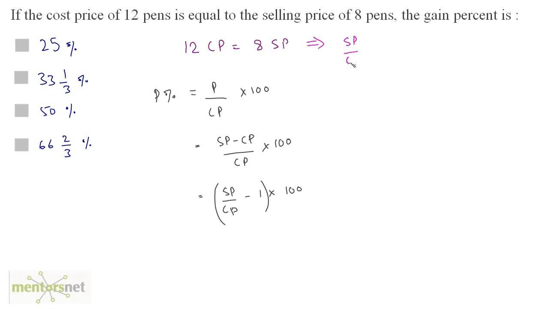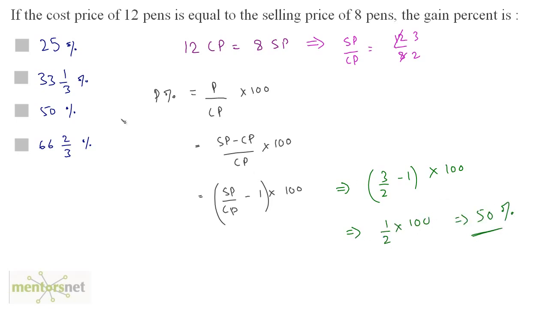Selling price upon cost price will be equal to 12 by 8, and that will be 3 by 2, dividing the numerator and denominator by 4. So this is equivalent to SP by CP, 3 by 2 minus 1, times 100, and that is 1 by 2 times 100, and that is 50%. So the profit percent is 50%.